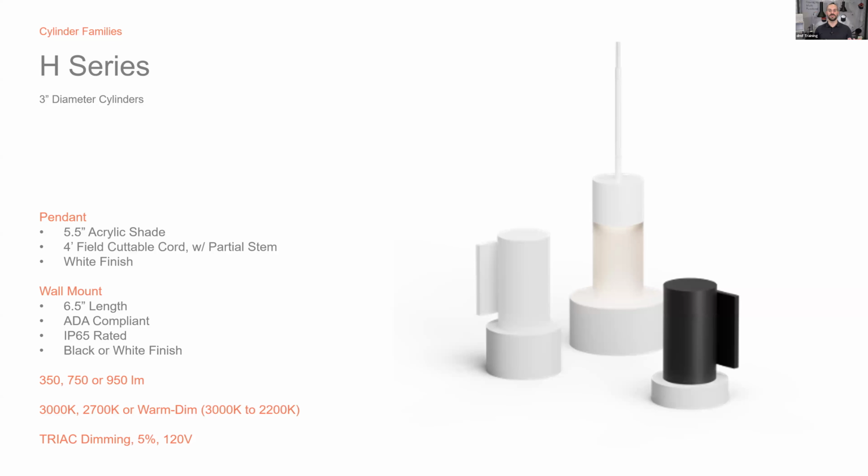Finally, the lighting module on the inside. Again, these feature the H series modules. So this is either a warm dim, 3000K or 2700K module, in a 350 to 950 lumen output, and that's a selectable lumen output right on the back of the module. So you can set that in the field as soon as you're assembling them. They come in a box unassembled in 3 individual pieces, largely so that you make sure to set that lumen output correctly.